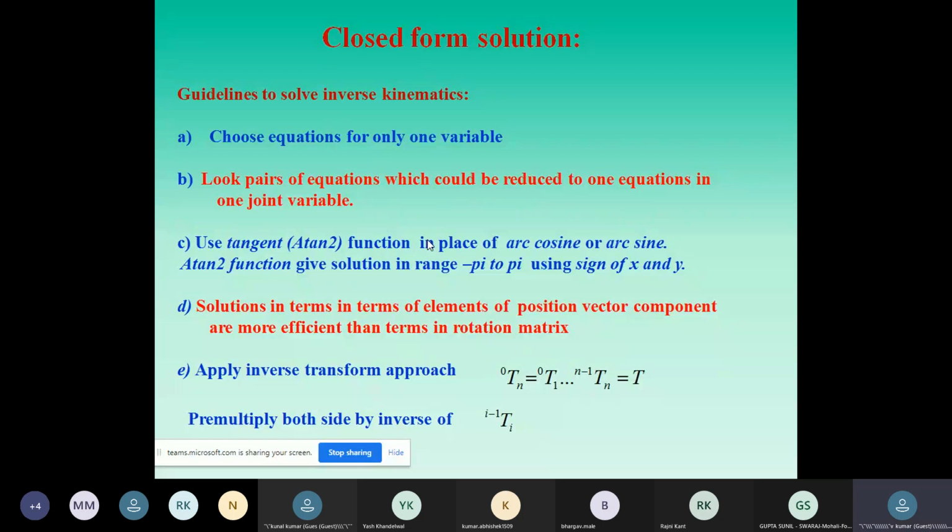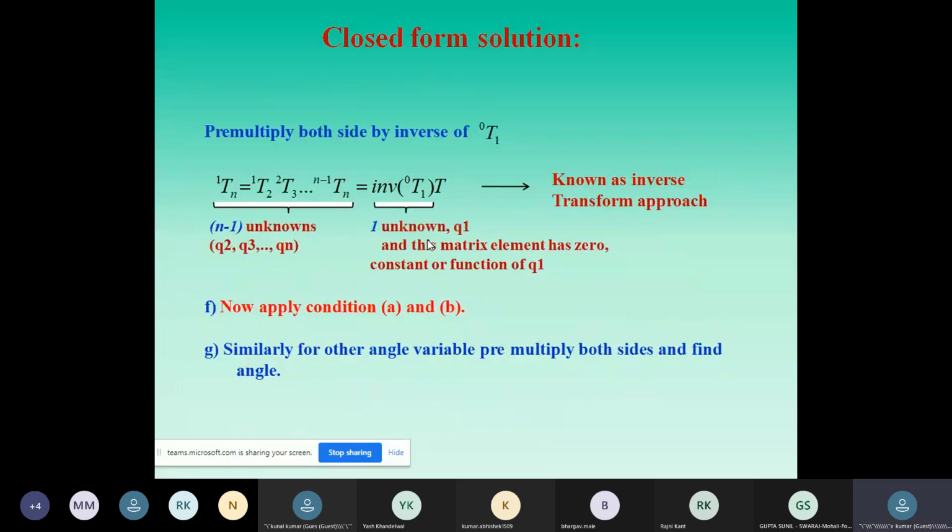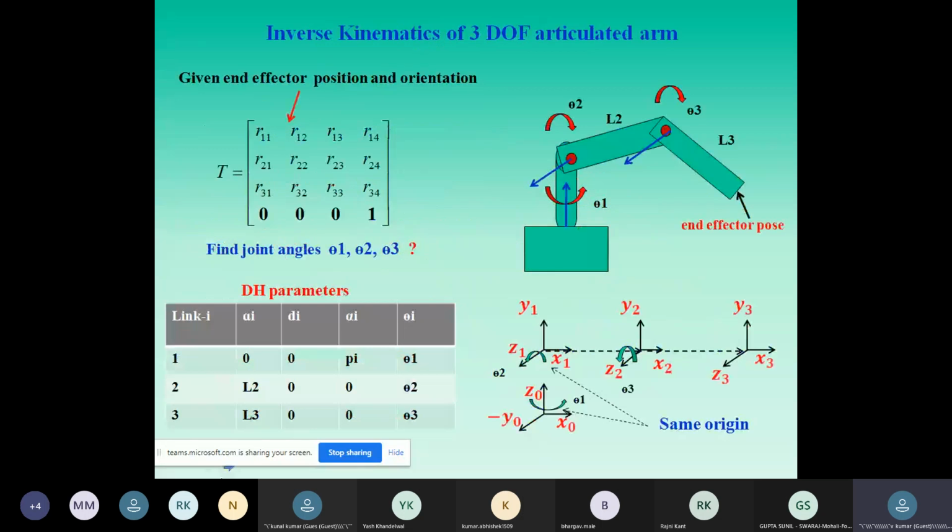This method you can apply anywhere. But there may be some problems in applying it. It means for this 3-DOF manipulator, we have to find theta 1, theta 2, theta 3 given our end effector positions.